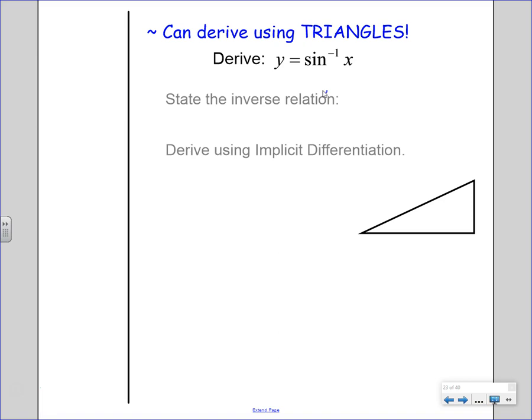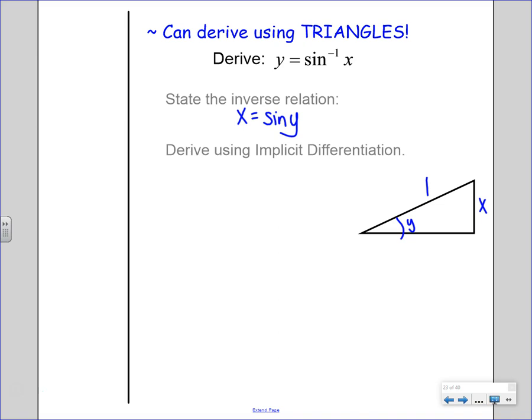If I'm trying to derive y equals sine inverse of x, I can say it's the same thing as what I showed you earlier, x equals sine of y. And if x equals sine of y, that means for some angle y, the opposite over the hypotenuse is x over 1. True. If x equals sine of y, remember, take sine of both sides or switch the x and y and make it the non-inverse.